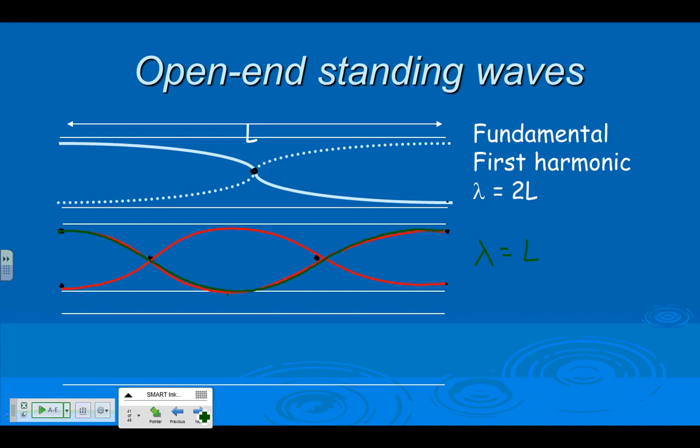Next one. How many nodes are we going to have in the next one? We'll have 3 nodes in the next one. Antinodes at both ends. And once you start to draw them a little bit, you'll start to figure out the patterns here. Antinode, ends at antinode.